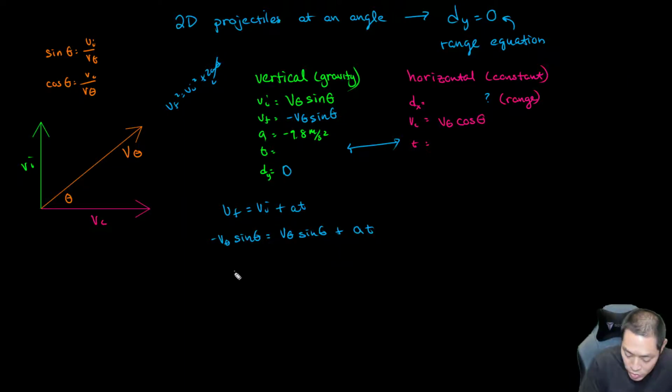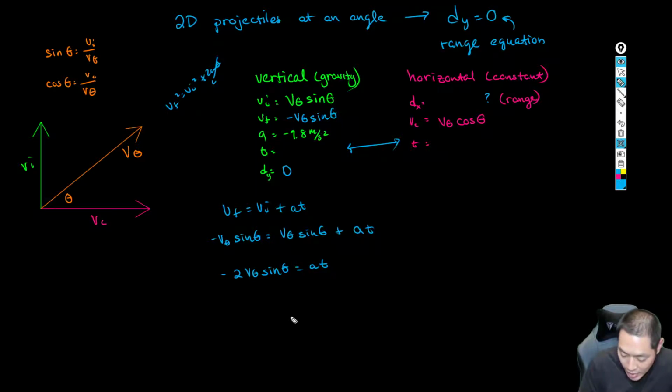So you have 2 v theta sine theta, and this is a negative, is equal to at. Divide the a on both sides, and you're left with negative 2 v theta sine theta over a is equal to t. I'm going to substitute this over here. Negative 2 v theta sine theta over a is equal to t.